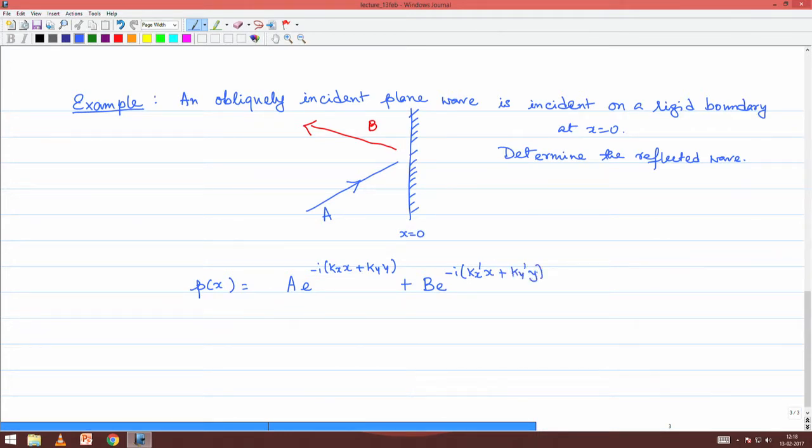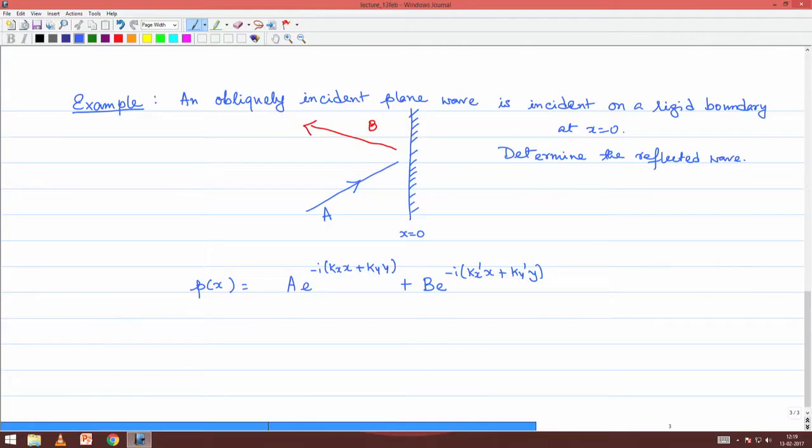But then k_x prime and k_y prime cannot be arbitrary. They are components of the vector k, whose magnitude is omega by c. Similarly, k_x and k_y cannot be arbitrary, they are also components of a wave number vector, the magnitude of which is constrained to be k squared, which is omega squared by c squared.